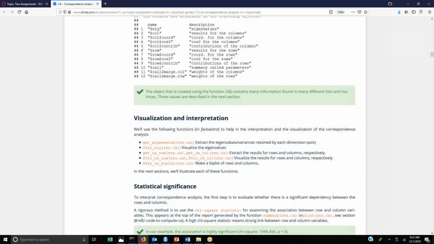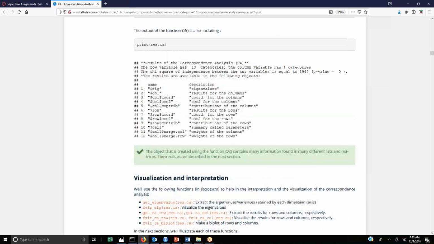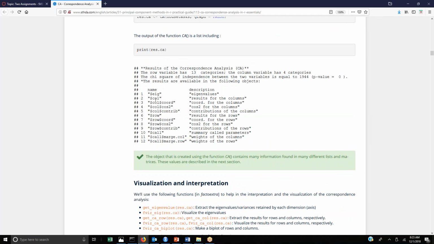Do you agree with me? He calls it eigenvalue. Don't worry about it. And then results of the columns, coordinates for the columns, cosine distance for the columns. See that we need to have these results for columns versus rows. Do you agree with me? That's why it is a singular value decomposition analysis. You understand my terminologies?